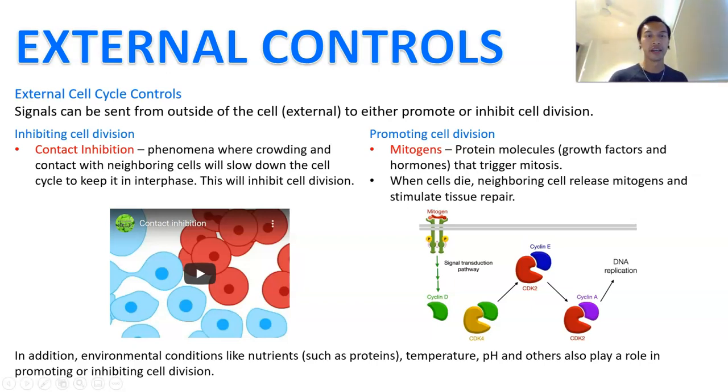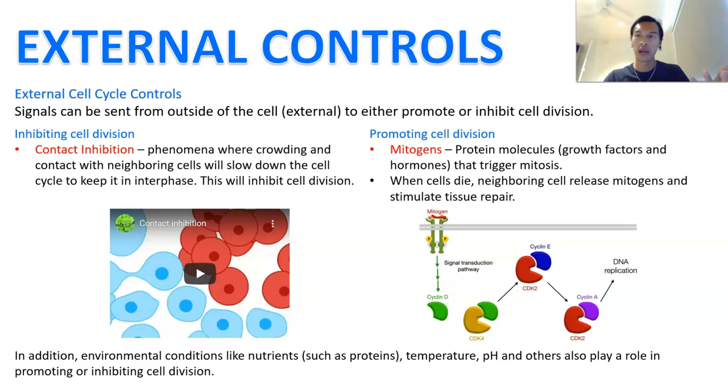Contact inhibition is basically this phenomena where when cells get crowded and they go in contact with neighboring cells, it's actually going to slow down the cell cycle to keep it in interphase.